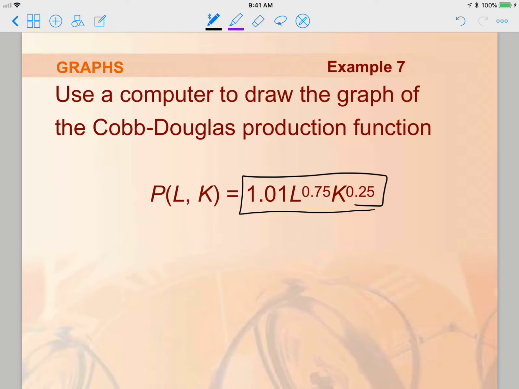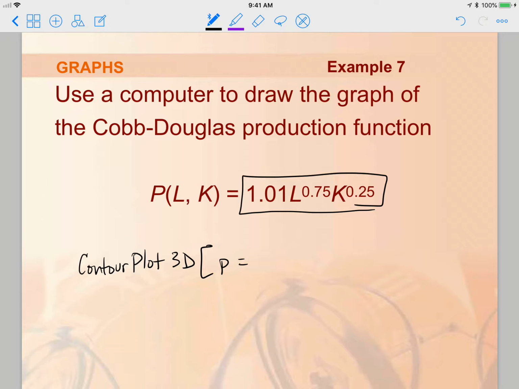Then notice in Mathematica, you would just put ContourPlot3D, and you could put P, not capital P, it'd have to be a lowercase p.